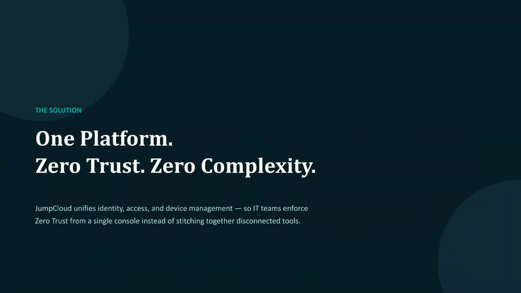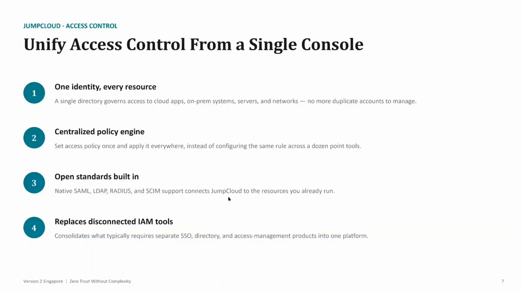So how to do it with one platform to help you, I won't say eliminate, but mitigate the complexity. So what does JumpCloud help you to do? They do a lot of access control and unify the access control from a single pane of glass.